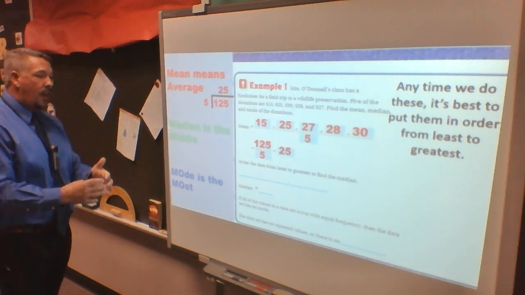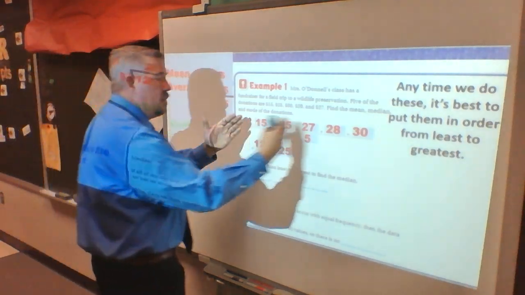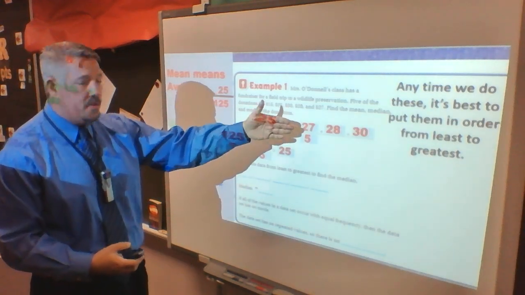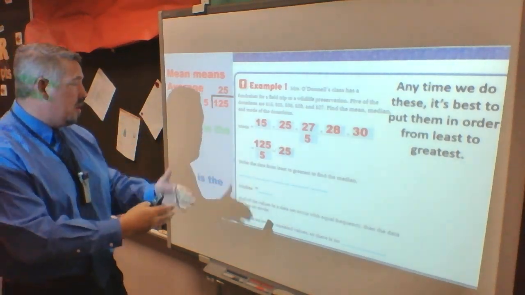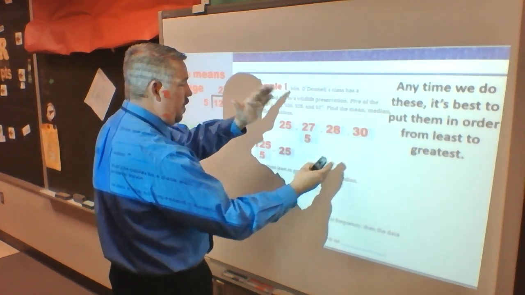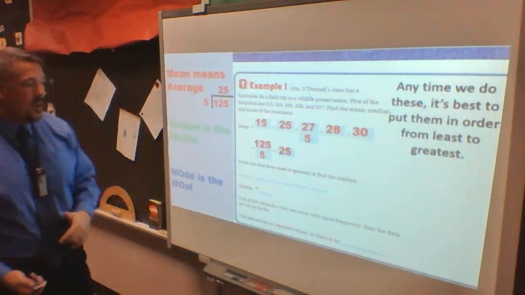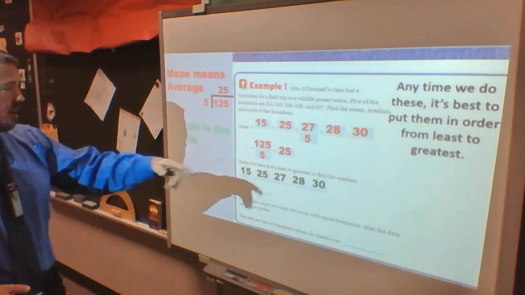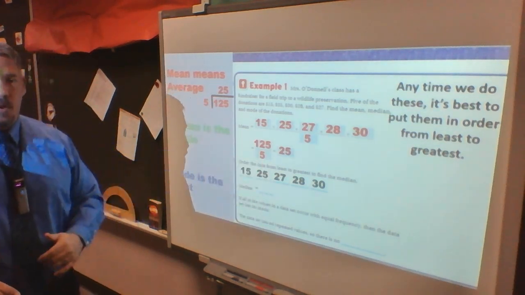Well, when I look then at my median, I've already listed them in order from least to greatest, so I don't need to relist it here. I'm just going to stick with that one. What's in the middle? Well, I go off and off and off and off, and I have one that's left. Since it is indeed an odd number, I know it's just going to be the middle one.